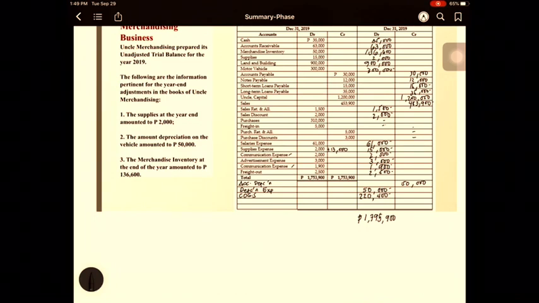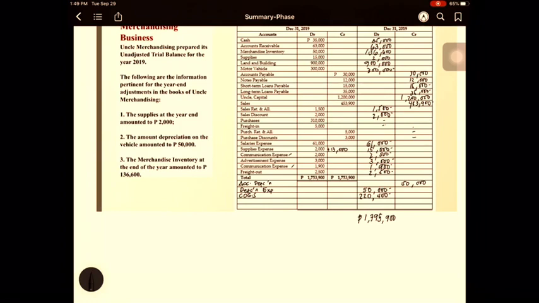I'm already in salaries expense plus your supplies expense of 15,000 plus 2,000 plus 3,000 plus 1,900 plus 2,500 plus your depreciation expense of 50,000 and your cost of goods sold of 220,400. So yeah, this is correct. I still got 1,795,900. You should get the same total when you compute for the credit side.